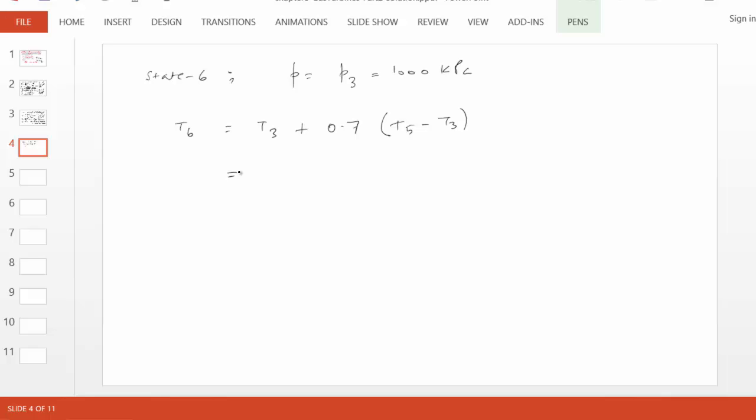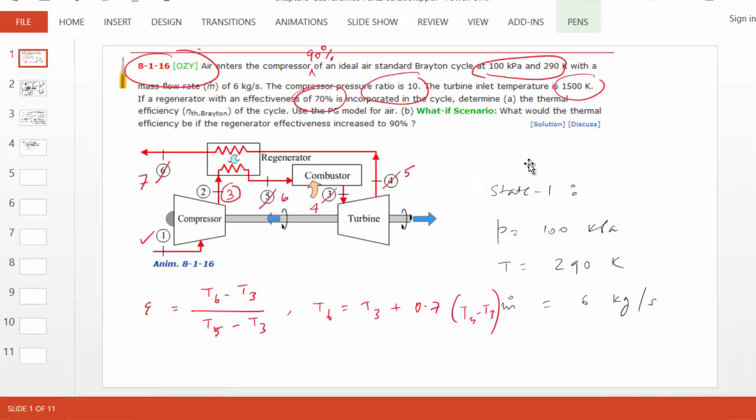T3 was calculated as 560 and T5 was 776. Solving that, we get a T6 of about 711. So notice, 776 could be the highest temperature we could have ever reached. Instead, we reached 711 K. Not bad.